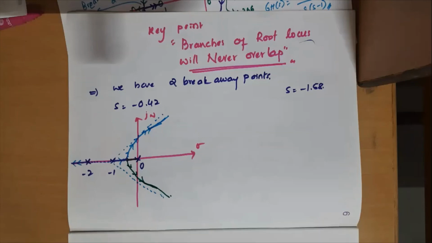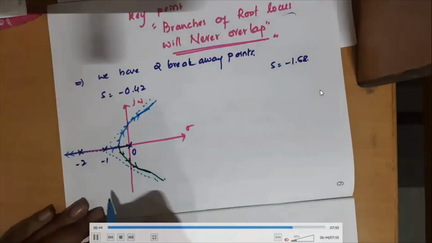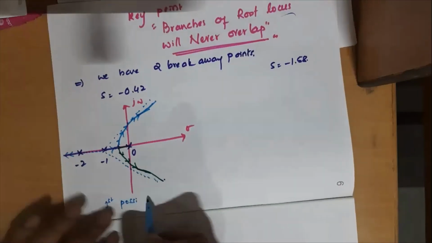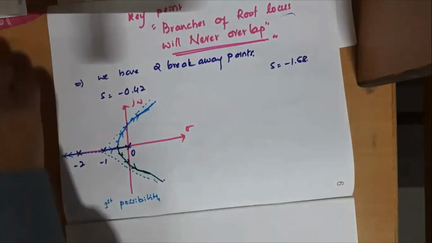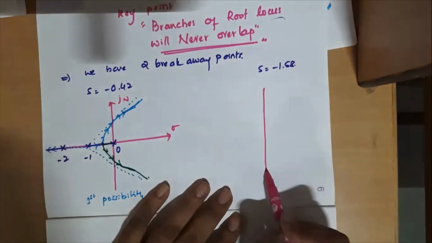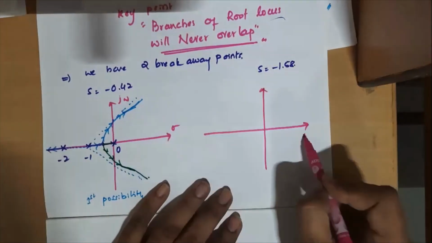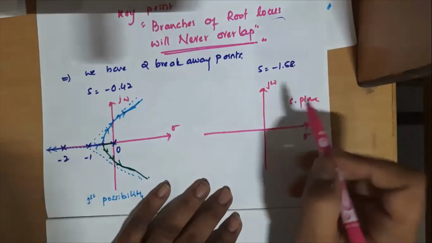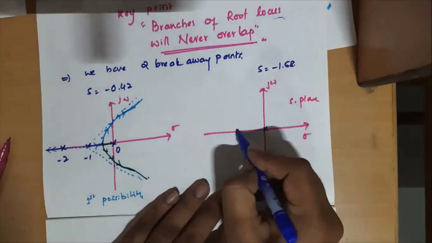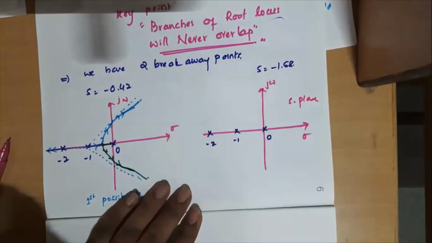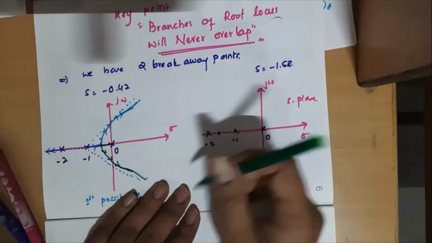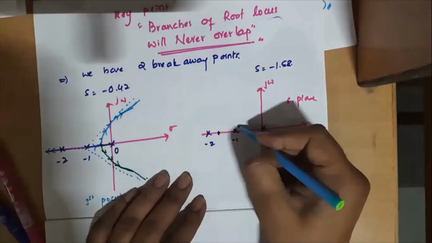Let us look at the other possibility with the other breakaway point. The second possibility is that I choose another breakaway between the next combination of poles, approximately at minus 1.5 here.